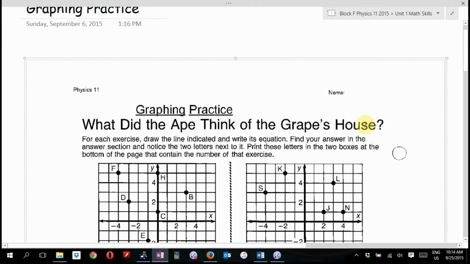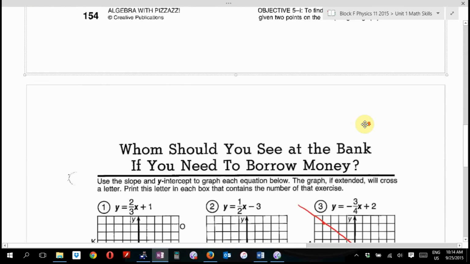So, if you haven't finished this, make sure you finish this, but I always, today, will tell you the dumb punchline. What is the punchline? What did the ape think of the grape's house? He thought it was divine. Oh, grapevine. Ha ha ha. Okay.